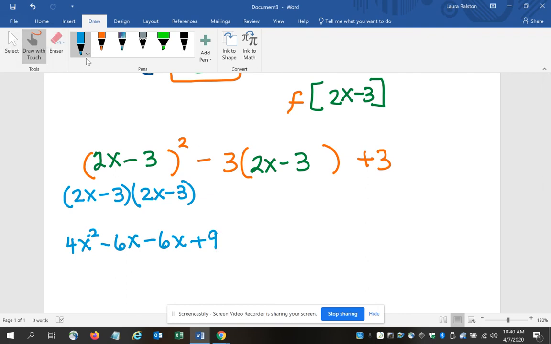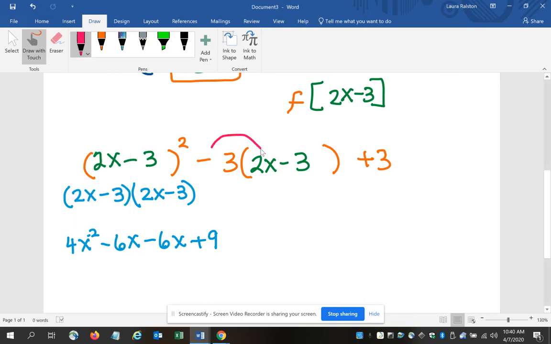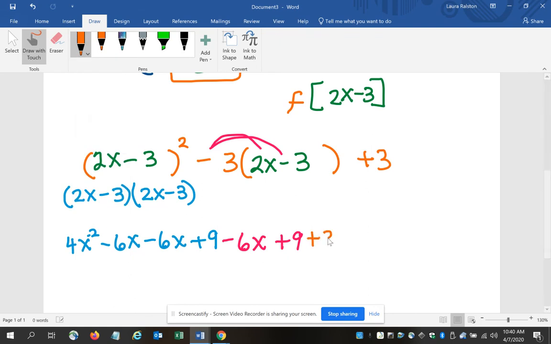Then I need to distribute the negative 3. So negative 3 times 2x is minus 6x, and negative 3 times negative 3 is positive 9. And then I still have the plus 3 from the original function tagged at the end.